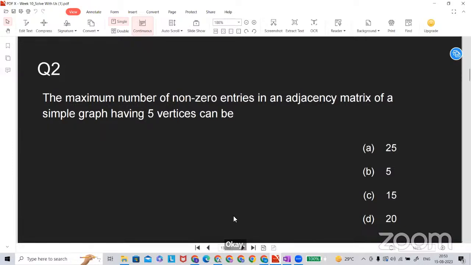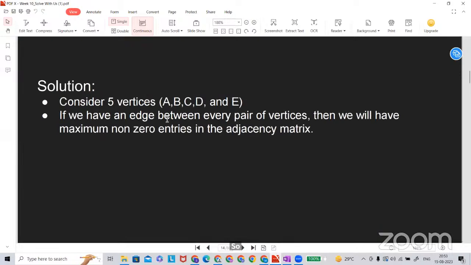If we have an edge between every pair of vertices, then we will have the maximum number of non-zero entries in the adjacency matrix.